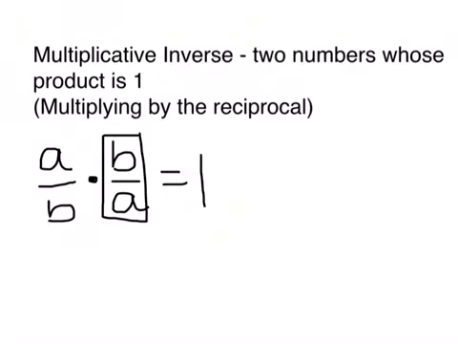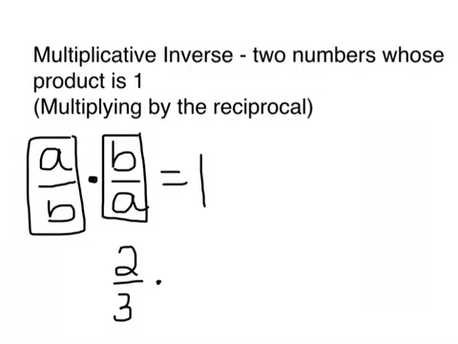B over a is the reciprocal of a over b. By multiplying by reciprocals, we'll always get an answer of 1. So another example of this, if we take 2/3 and we multiply it by its reciprocal of 3 over 2, we get an answer of 1.